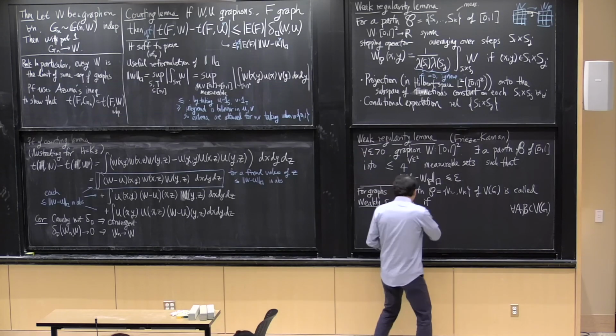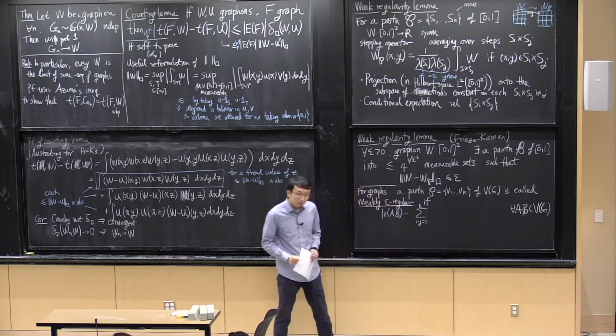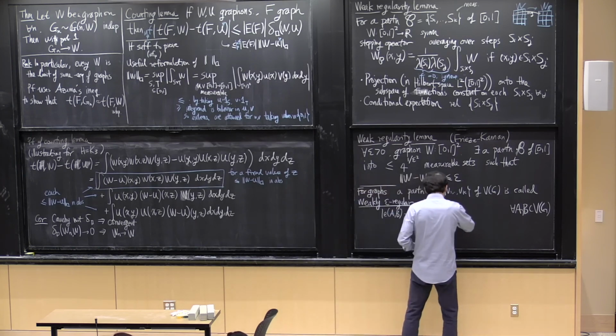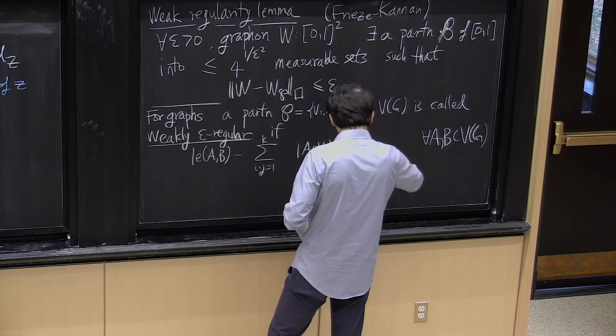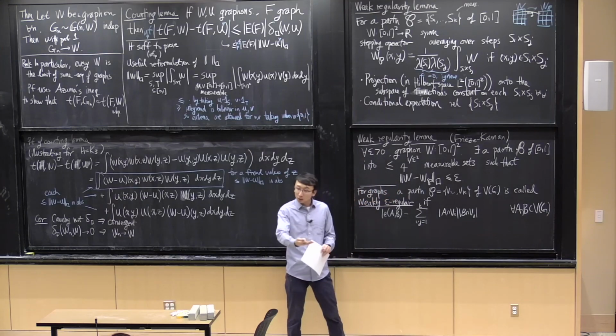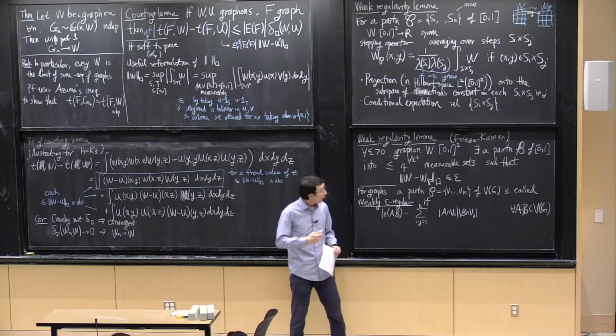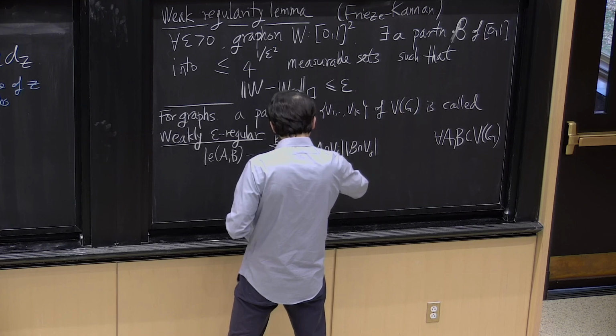Namely, I sum over all the parts of the partition, look at how many vertices from A lie in the corresponding parts, and then multiply by the edge density between these parts.